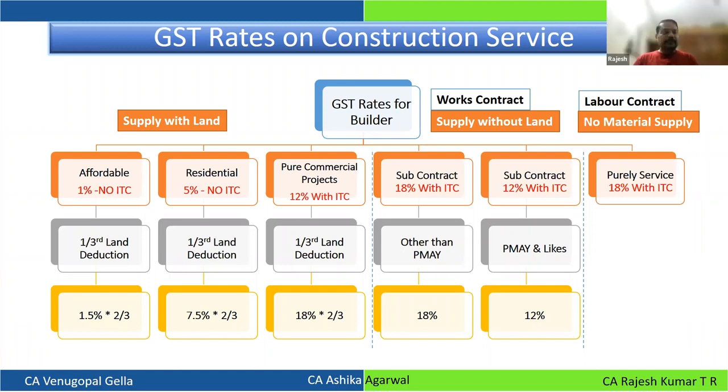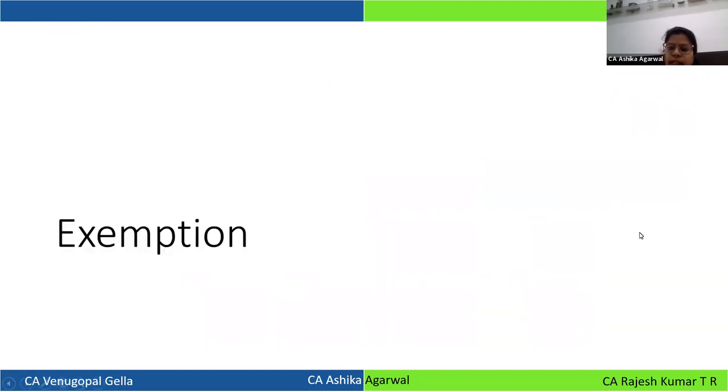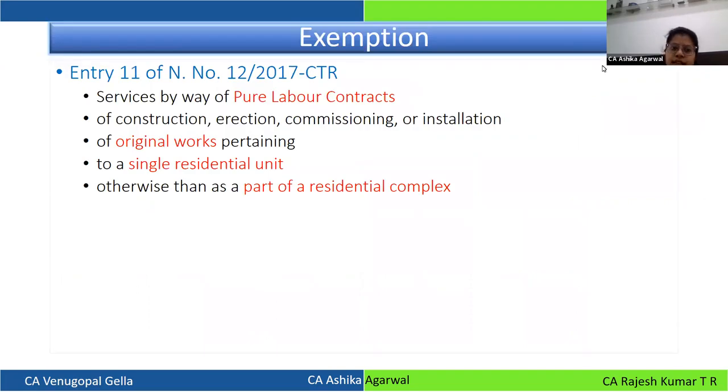Okay. With this rate structure in our mind, we shall move forward to discuss the exemption which is eligible for the real estate project. Now over here, we are basically focusing on only one exemption, that is entry number 11 of notification number 12.